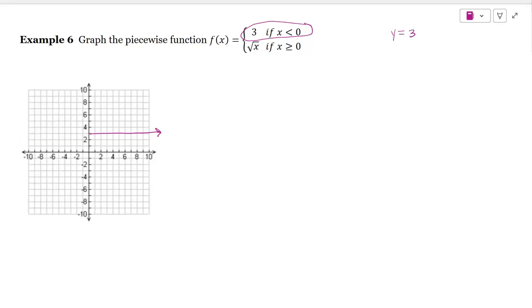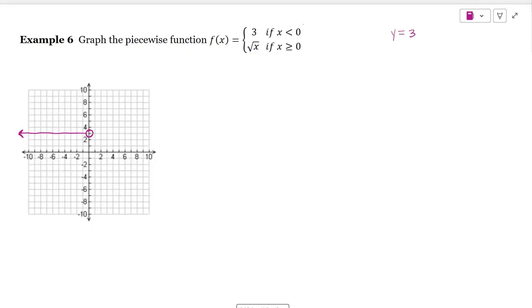I only want to go from less than 0. So I'm going to put an open circle here at the y-axis and then go to the left, and when y is equal to 3, I have the open circle because there's not an equal sign in the inequality symbol.